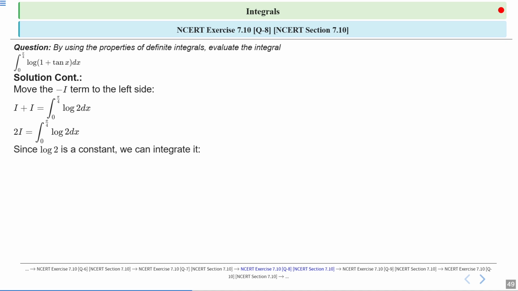Since log 2 is a constant, we can integrate it as 2I is equal to log 2 times x from 0 to π/4. So my question of calculating the definite integral from 0 to π/4 of log(1 + tan x) dx, by using that property, becomes calculating the integral from 0 to π/4 of log 2 dx.